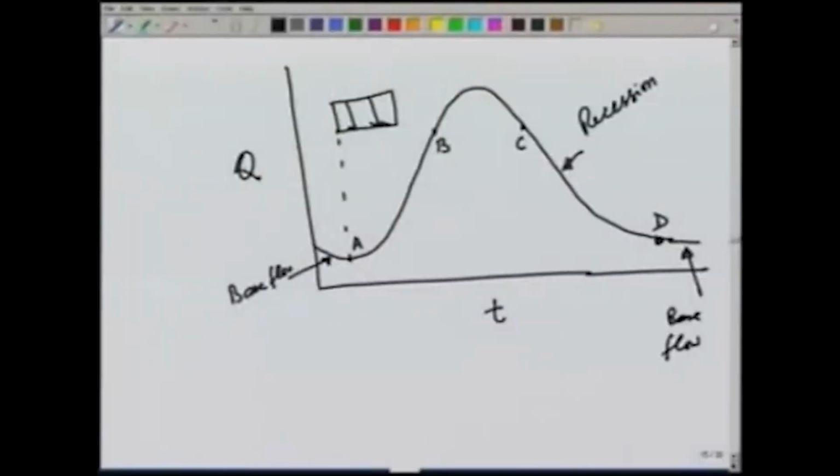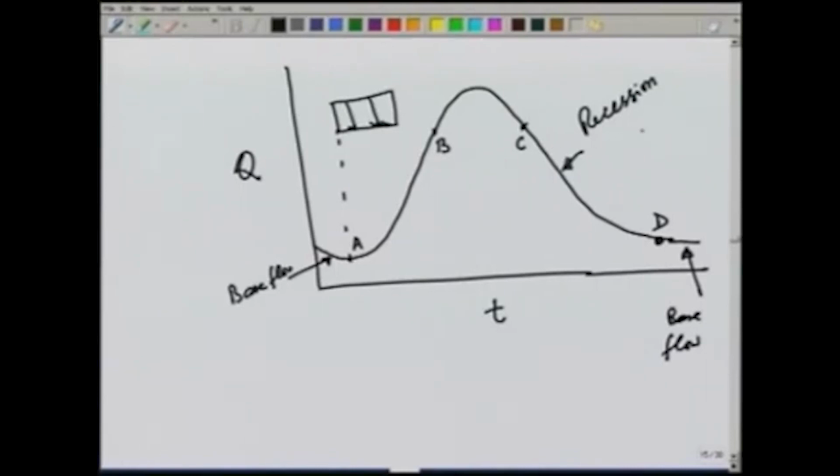Now, this part C to D is not affected by storm characteristics, because the storm has already stopped. C to D denotes the decrease in channel storage or some other small depressions which may be draining now after the rainfall has stopped.